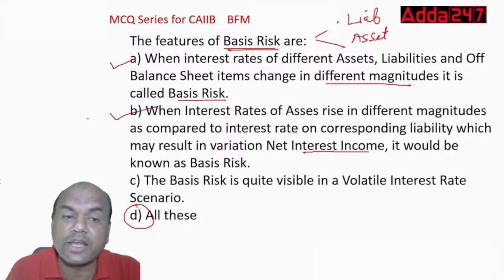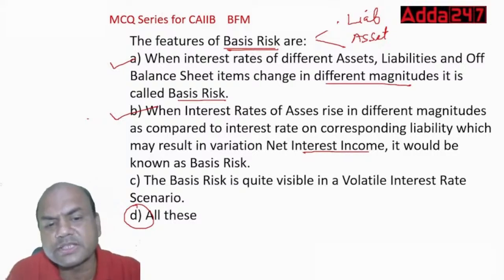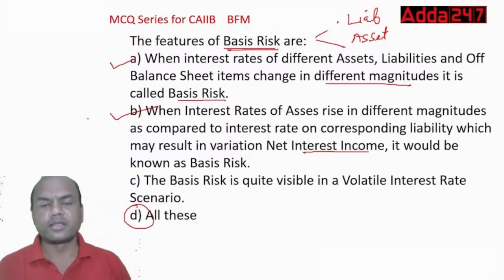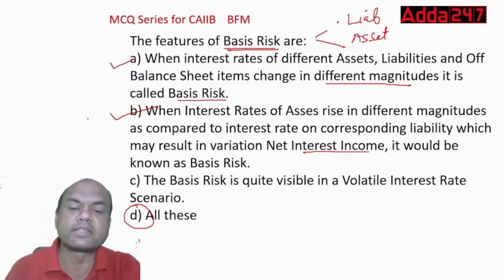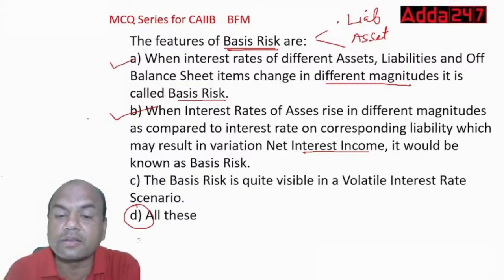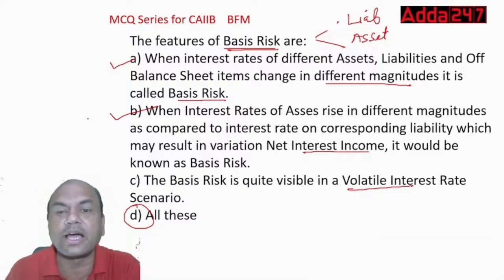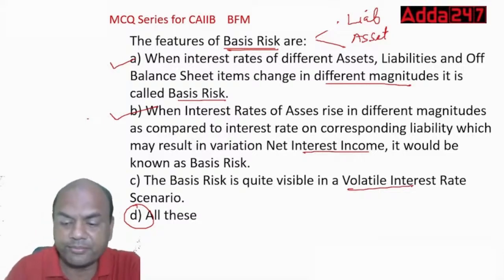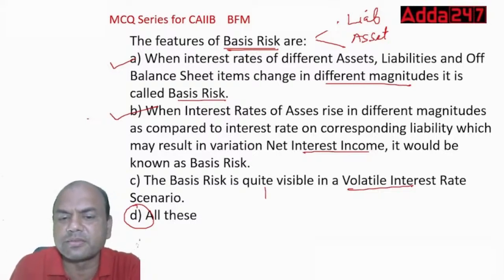So once you get A and B true, immediately you jump to D, because obviously C will be true, isn't it? So the basis risk is quite visible in volatile interest rate scenario. Obviously, volatile means high changing interest rates, very high changing. Right now in US, the same thing is happening. If you check USA, they are facing the same crisis now, volatile interest rates.